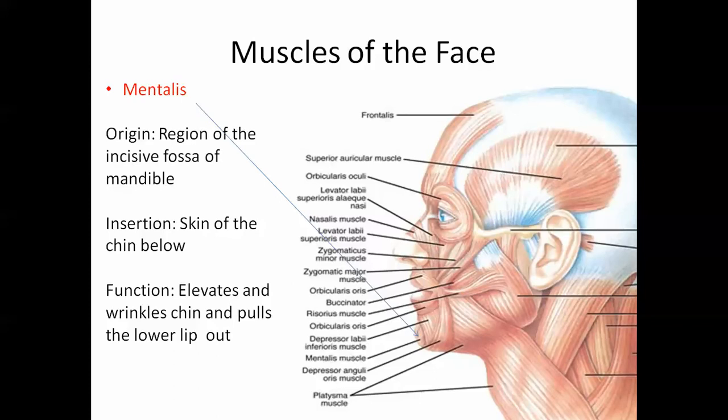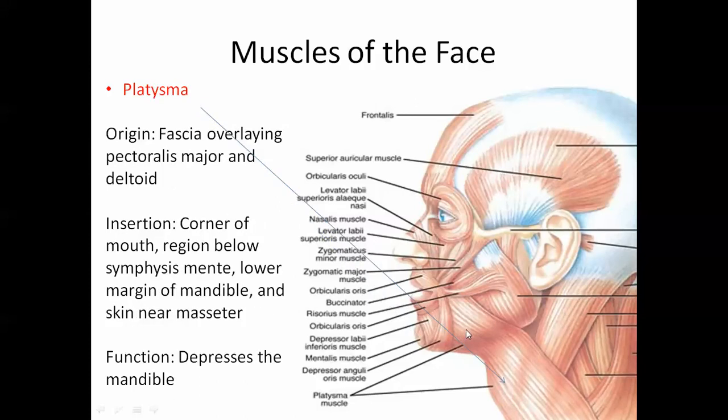My grandma and my mom would tell me that if I did that, a bird would come poop on my lip. And so that's why it's the pouty muscle, really. But anyway, that's how I remember it. And so it elevates and wrinkles the chin. You remember the mental region and the mental symphysis that we talked about earlier? This muscle lays right over the top of the mental symphysis, and it's right in that mental region, right? So they all go together.